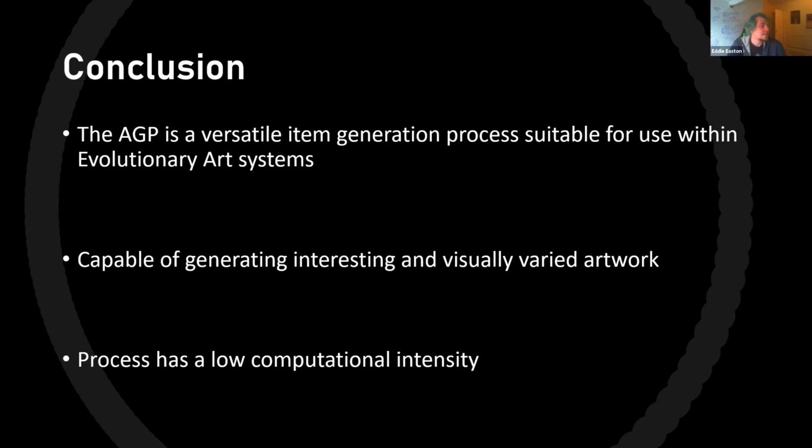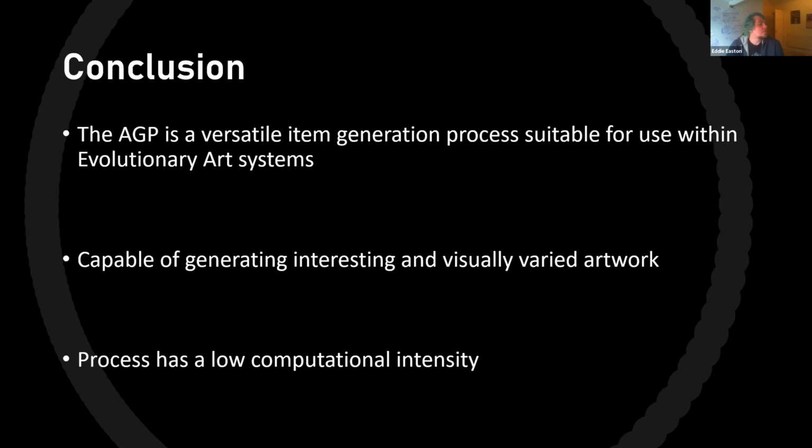It's capable of generating visually varied and interesting items, and it does this in a few ways. There are multiple ways that the generated output can be explored. We can either do this by evolving or changing the parameters, as well as the expression trees, which are used to calculate the positions. We also saw that we had a range of values generated from items across multiple measures, the symmetry and complexity especially.